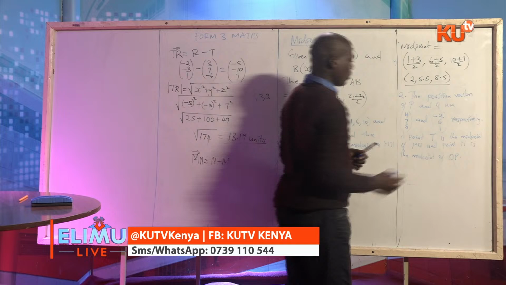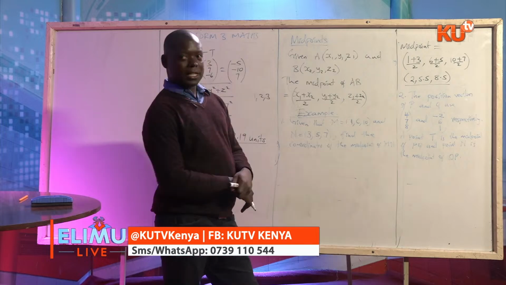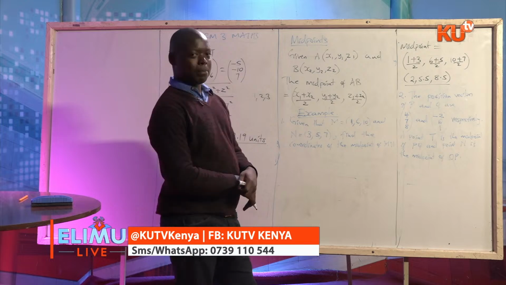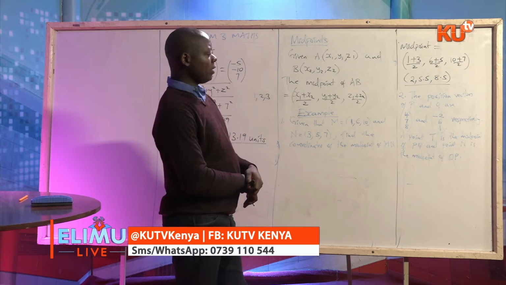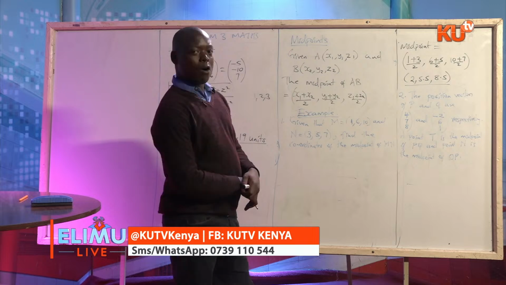The position vectors of P and Q are 4, 7, 8 and negative 2, 6, 1 respectively. A point T is the midpoint of PQ and N is the midpoint of OP.